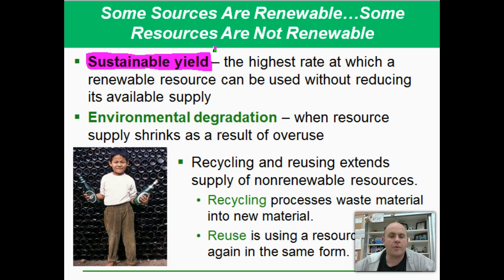And when we do that, we want to focus on something that's sustainable, something that we can take out and not degrade that resource. And so sustainable yield is the highest possible rate that we can take stuff out without harming the resource. If we take more out than the resource can replenish itself or handle, then we get this next term down here, which is environmental degradation, where we actually shrink or hurt our overall supply of something, and the resource goes downhill from there.